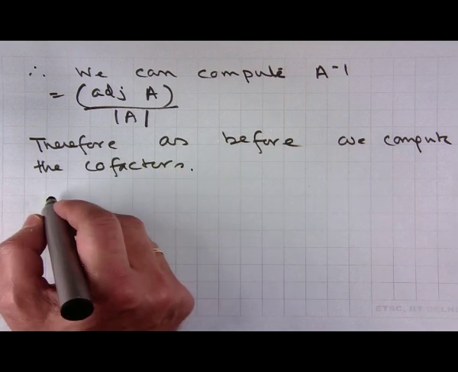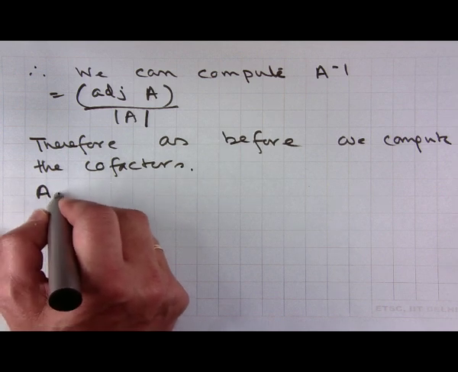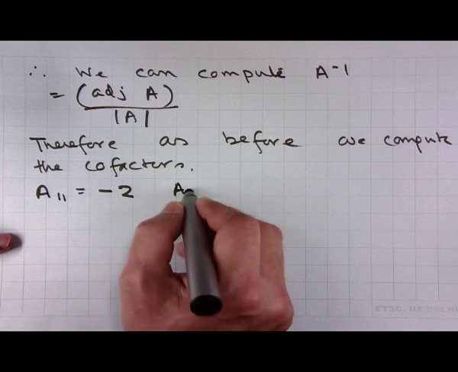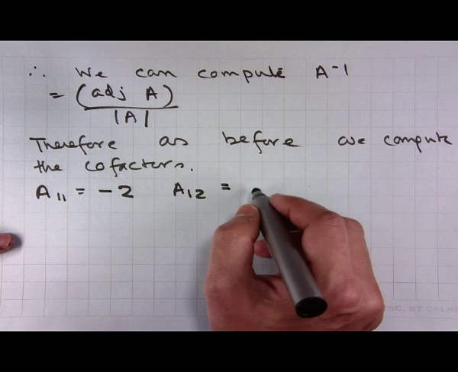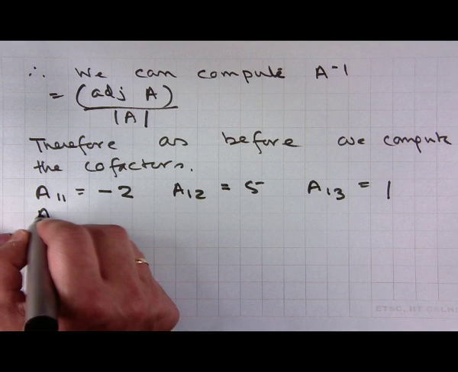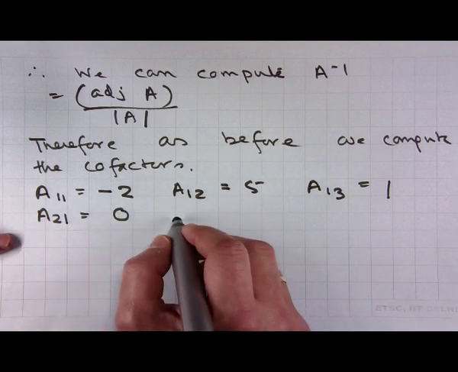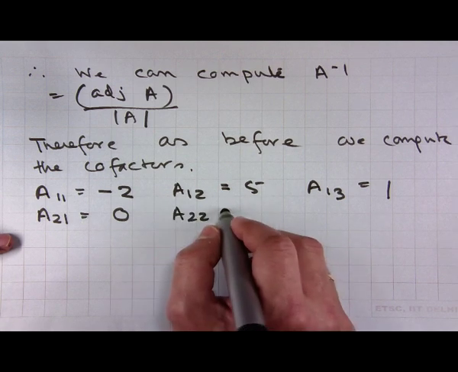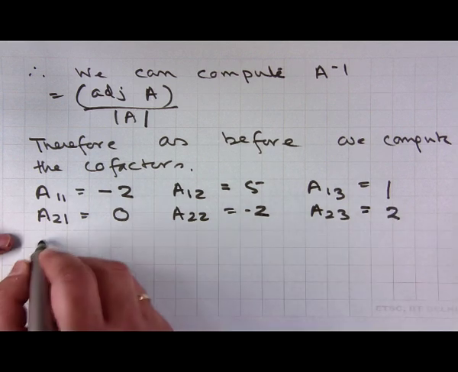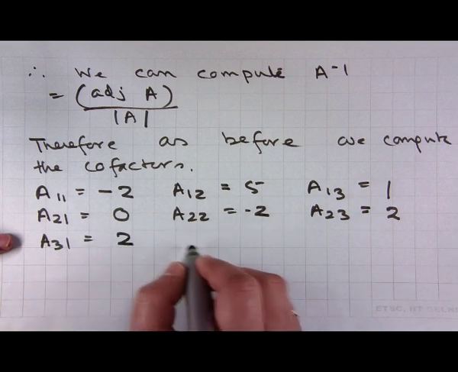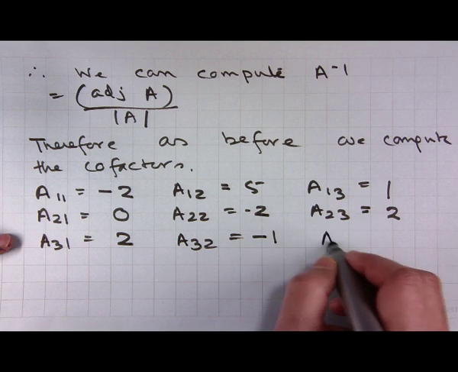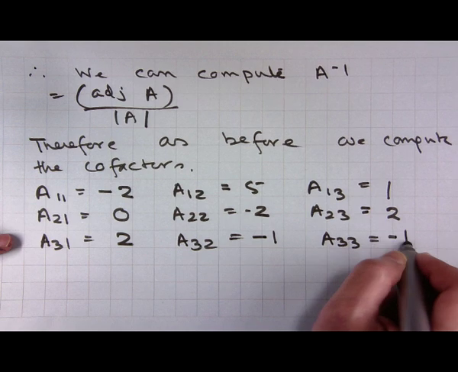Please check that we get the following: A 1 1 is equal to minus 2, A 1 2 is equal to 5, A 1 3 is equal to 1, A 2 1 is equal to 0, A 2 2 is equal to minus 2, and A 2 3 is equal to plus 2, A 3 1 is equal to 2, A 3 2 is equal to minus 1, and A 3 3 is equal to minus 1 again.